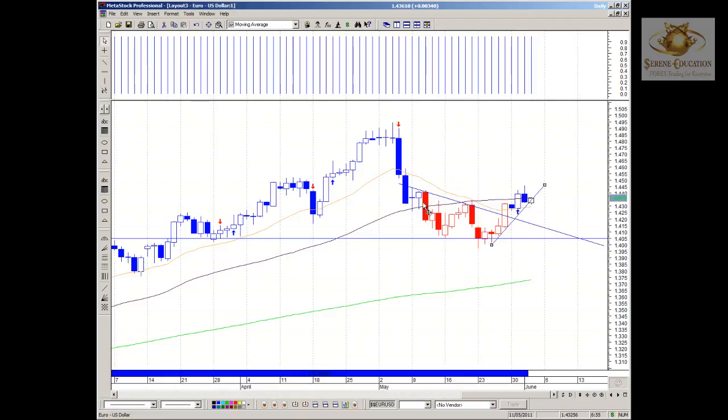Now what's happened is we've seen price fail to break and trade higher than the previous swing, in this case this little area here that we saw on the 10th and 11th of May. Price failed to break higher, even though it is trading above the 50-period moving average for that time frame. It failed to close higher than that, and yesterday we had a bullish up movement during the course of the day.